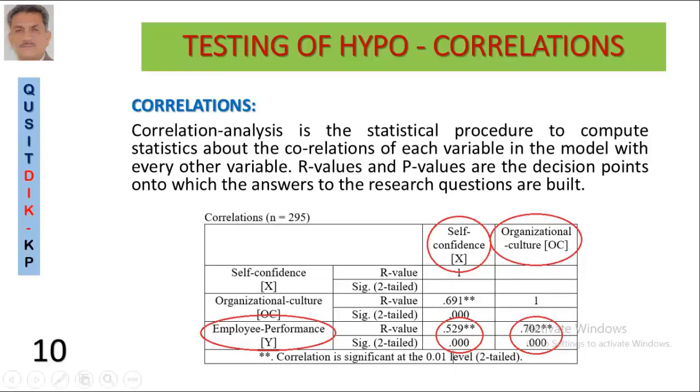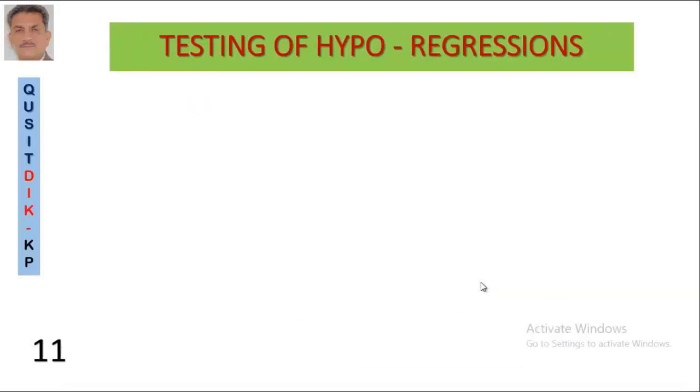Here we can see in this table that self-confidence and organizational culture are highly correlated with the dependent variable of employee performance, and most of the researchers, as per our model, are more interested in the existence of association between the predictors and the test variable.